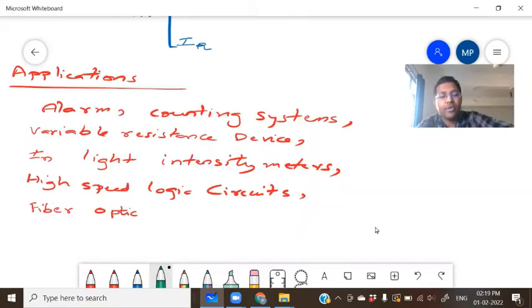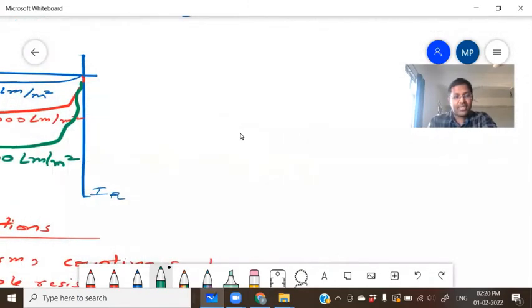At the output of the optical fiber, you can put a photodiode. Based on the light that falls on it, it converts the light into an electrical signal, which you can process electronically. So it is useful in fiber optic receivers. These are the applications of your photodiode.